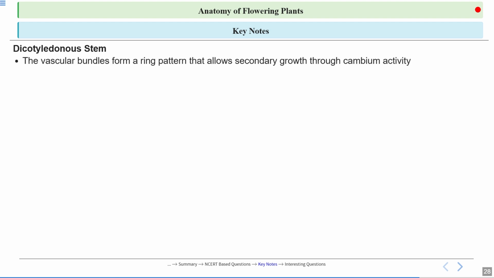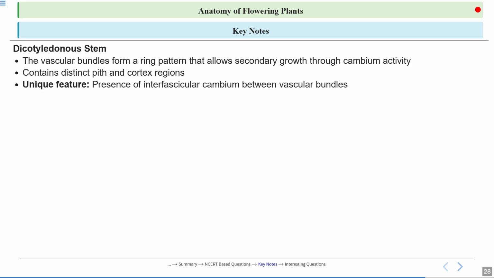Keynotes. In the dicot stem, the vascular bundles form a ring pattern that allows secondary growth through cambium activity. It contains distinct pith and cortex regions. Unique feature: presence of interfascicular cambium between the vascular bundles.